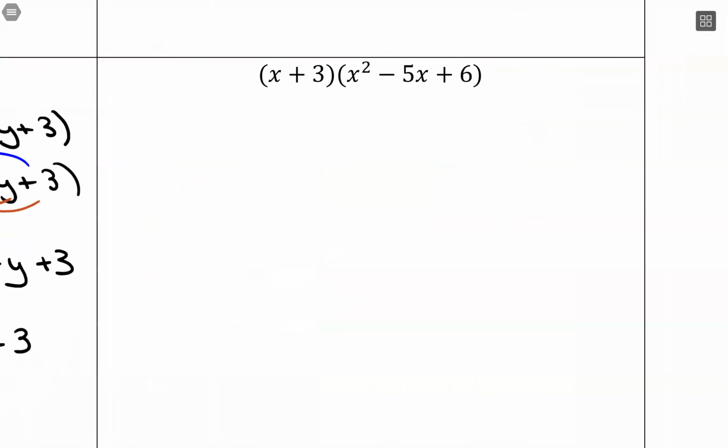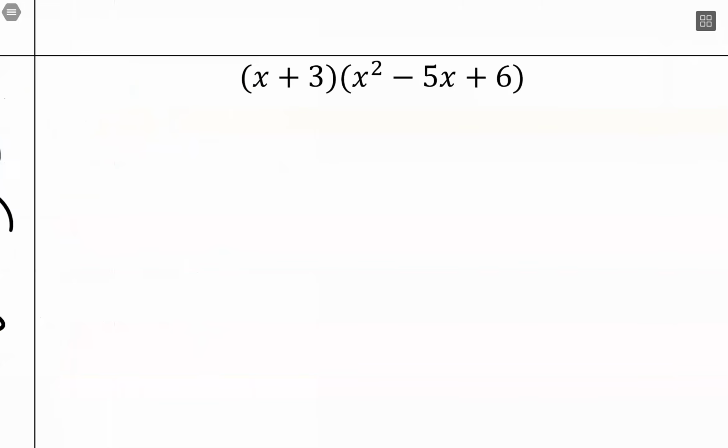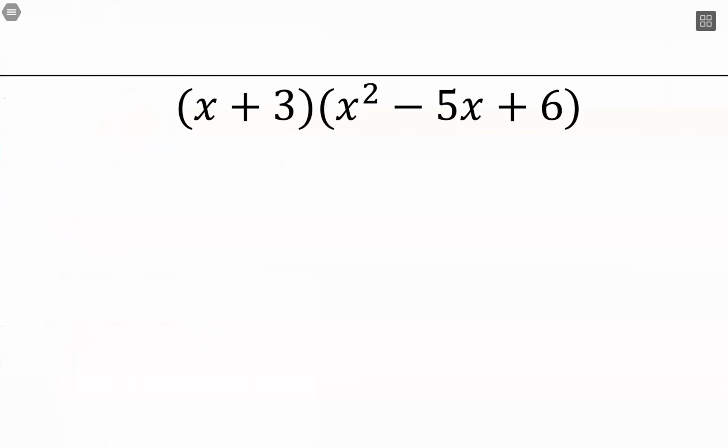Okay, when we're multiplying but we have multiple terms, this kind of goes beyond foiling. But the idea of foiling, and what I'm kind of drawing with my colors here, is the idea that we're taking this first term and distributing it into the parentheses. And then we're taking this second term and distributing it into the parentheses. That's the exact thing we want to do here. So what we're going to do is start with x and distribute that into the parentheses.